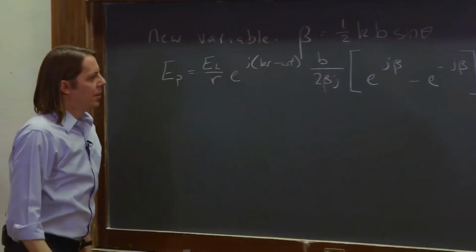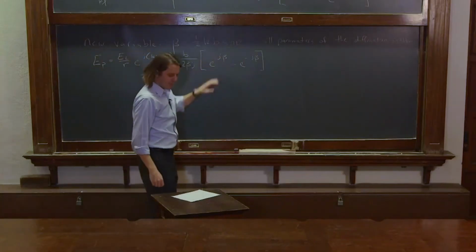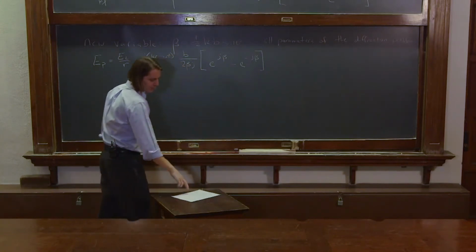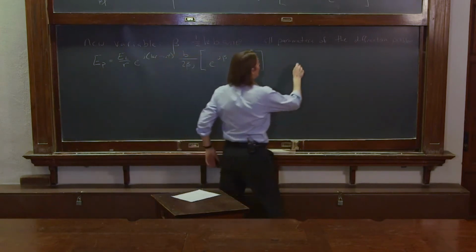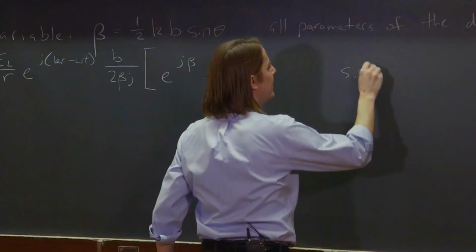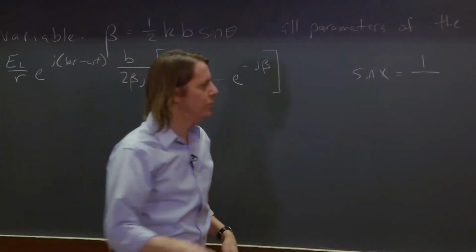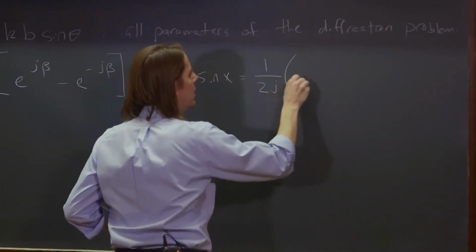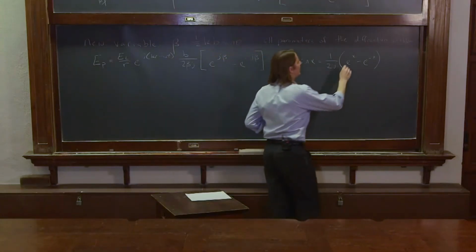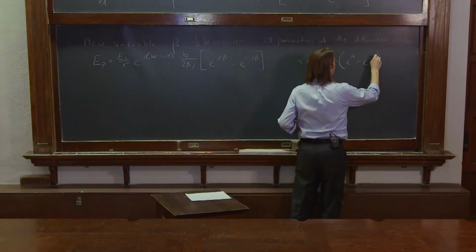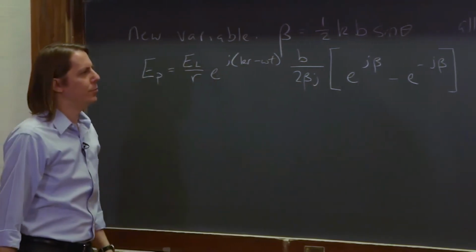Okay. So that substitution, in addition to having all the stuff that happens in one parameter, also makes a very useful expression, because if you think about Euler's formula, you know that sine of anything x equals 1 over 2j, e to the jx minus e to the minus jx. Right? If you just apply Euler's formula, you can see that that's true.